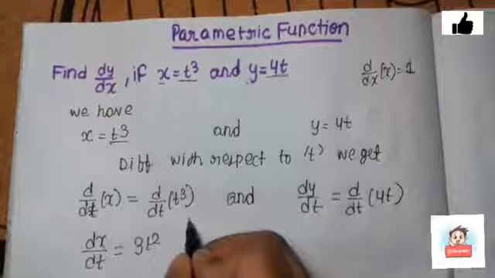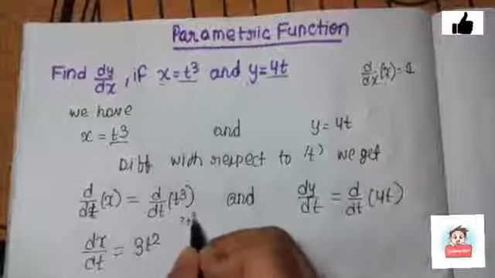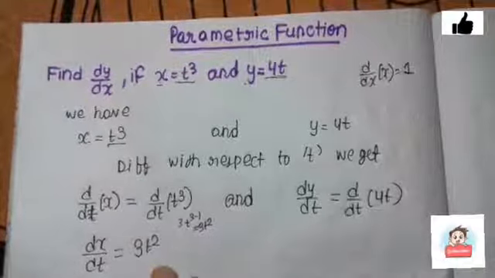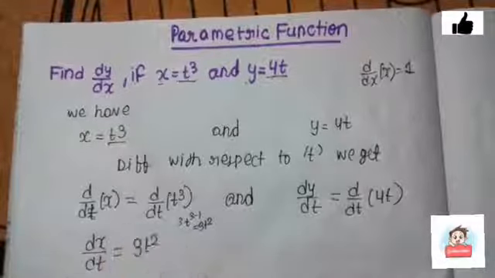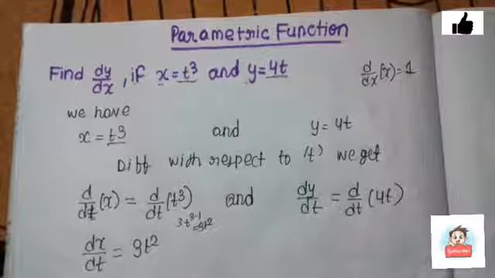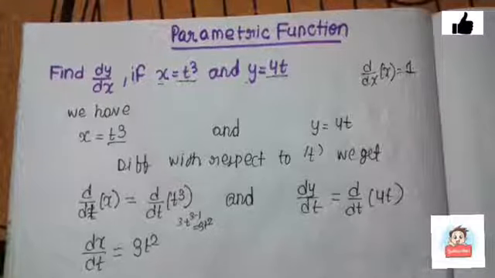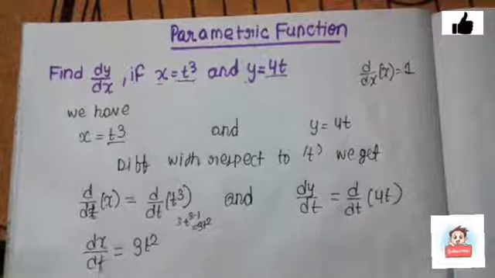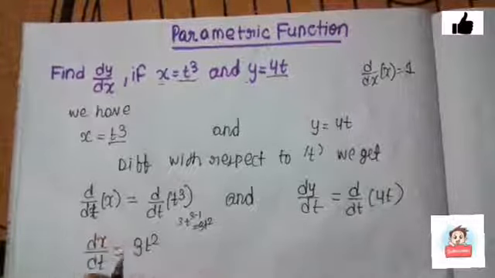Basically 3 comes over here and 3 minus 1, so 3t squared. Basically this is the formula: d by dx of x to the power n is n x to the power n minus 1. So we have got our one value of dx by dt.